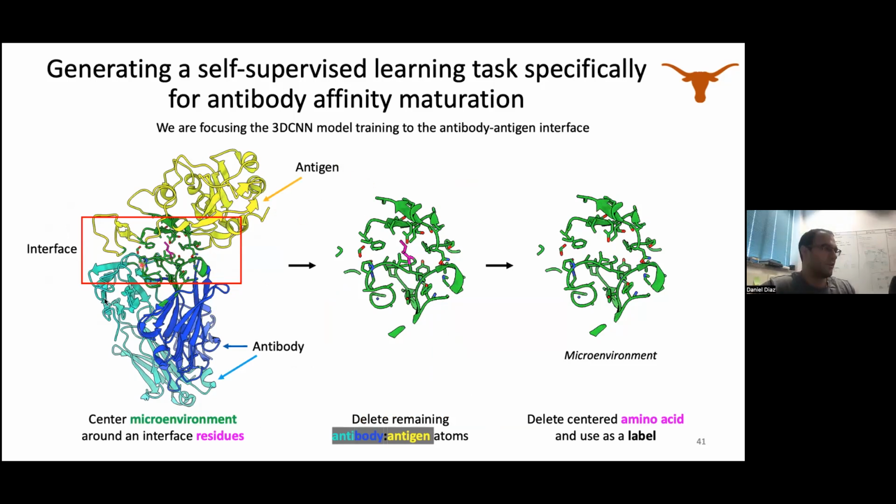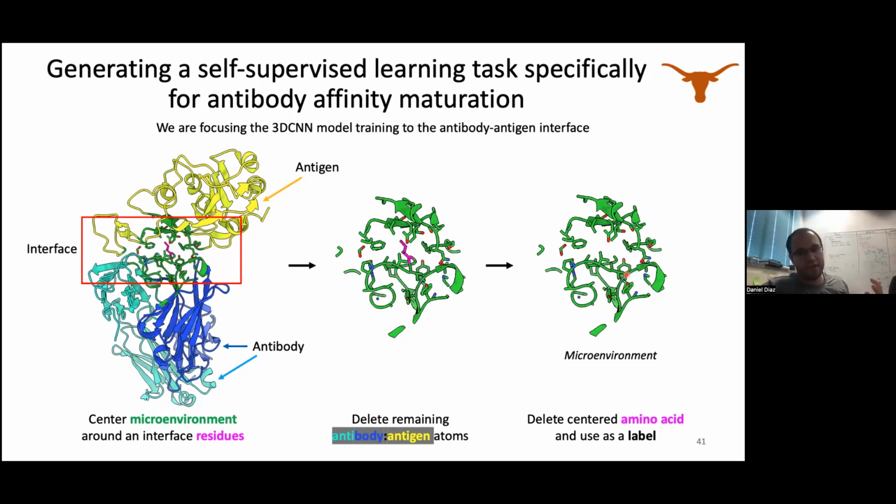Right here is a light and heavy chain antibody shown as light and dark blue, and here is the SARS-CoV-2 antigen shown in yellow. We can select all residues on either the light or heavy chain of the antibody that are within the vicinity of the SARS-CoV-2 antigen to generate masked microenvironments.